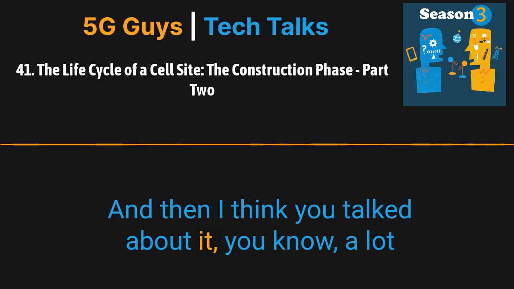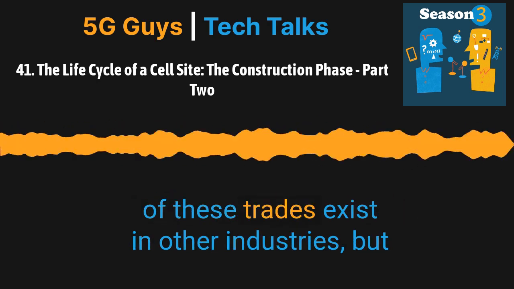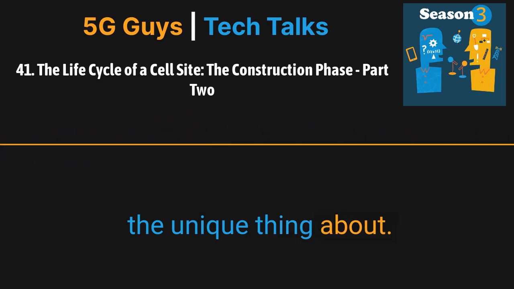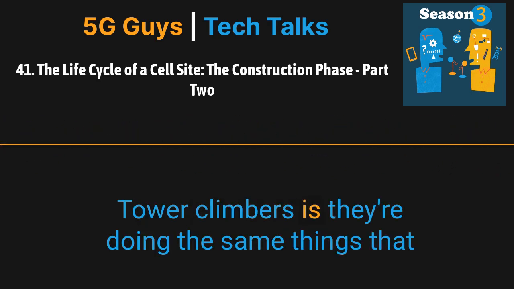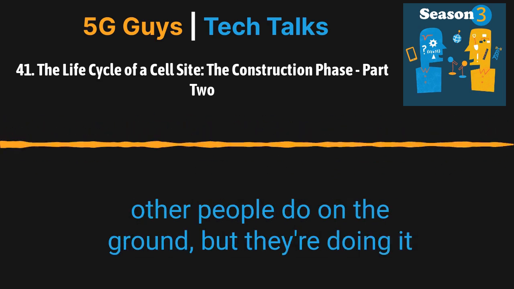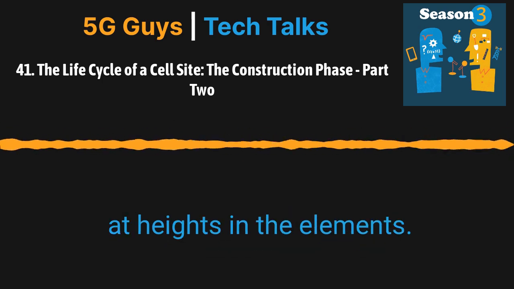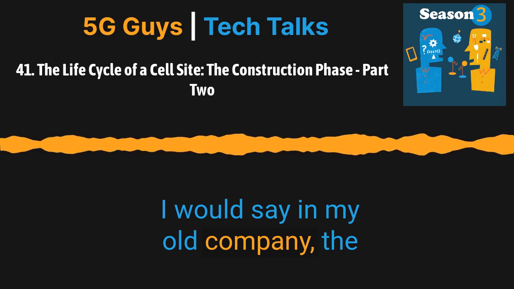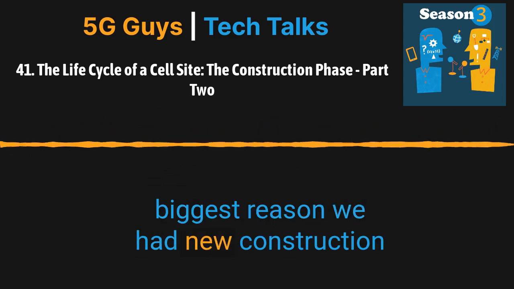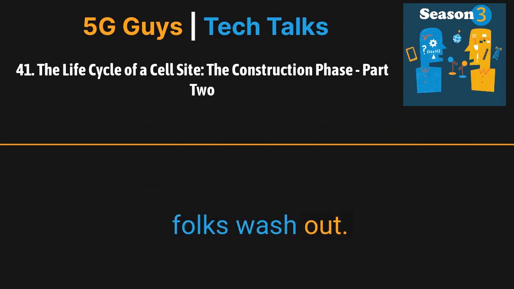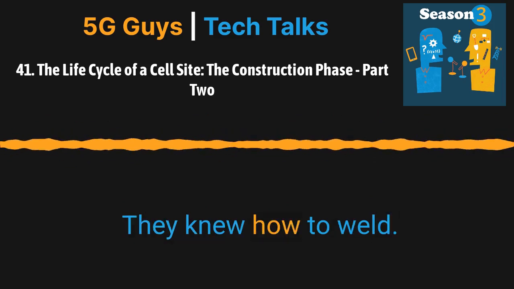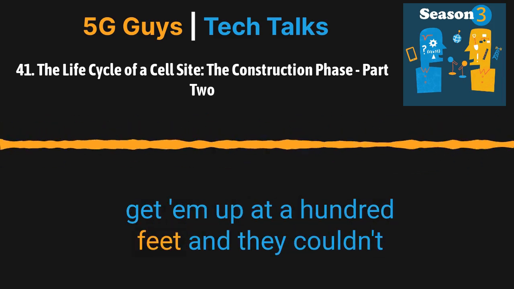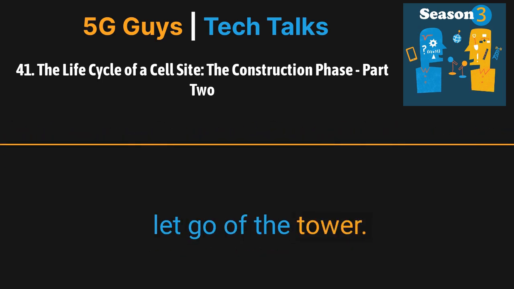And then I think you talked about it. A lot of these trades exist in other industries, but the unique thing about tower climbers is they're doing the same things that other people do on the ground, but they're doing it at heights in the elements. In my old company, the biggest reason new construction folks washed out was this: they knew all the skills, they knew how to weld, but you get them up at 100 feet and they couldn't let go of the tower.